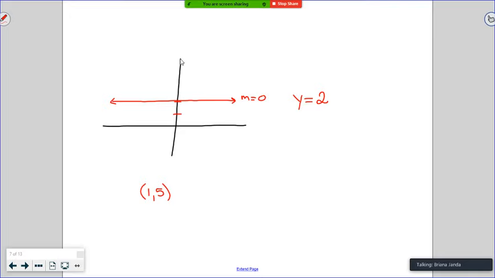X equals whatever x value of the point we're supposed to be running through. Okay, so just in general, vertical and horizontal lines are perpendicular to each other.